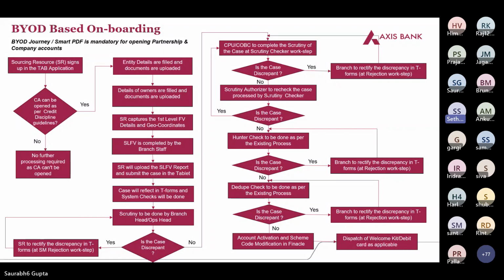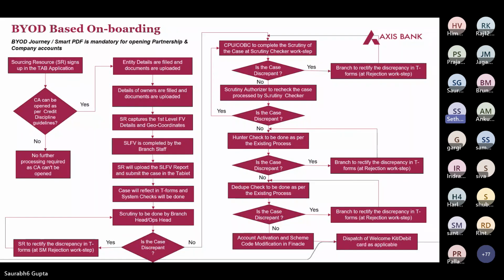After this to-and-fro, if everything is in order, CPU and COBC will push the case through to the next step, which is the Hunter check. In the Hunter check, the system validates the particular customer against the negative database available with the bank, in the sense that the customer may have negative transactions to their name, such as a loan default or credit card default, etc. It is a database maintained by a vendor called Experian, which is used bank-wide.